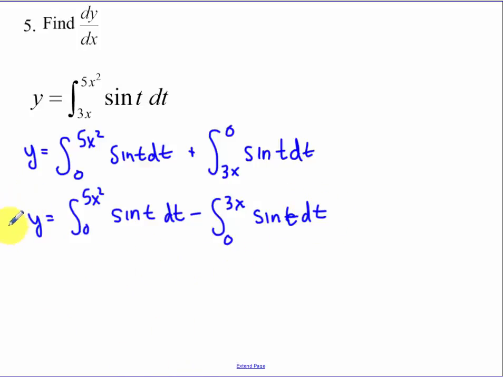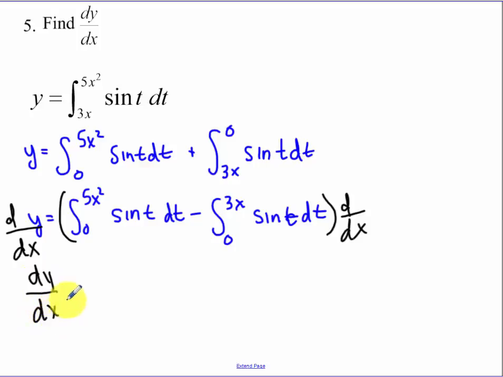Now when I find d dx of both sides, I have dy dx on the left, and now on the right, that's the formula we just did.